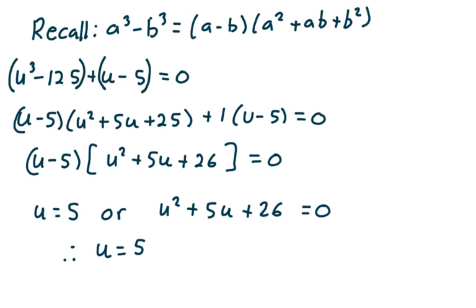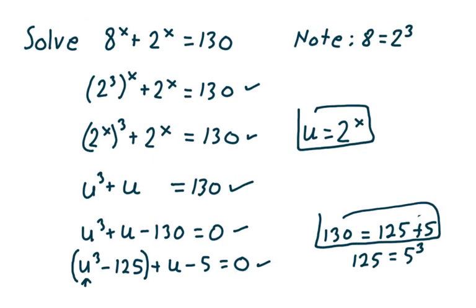Now recall, a cubed minus b cubed is equal to (a minus b) times (a squared plus ab plus b squared). So I'm going to group, so let's go back. So notice how we have u cubed minus 125 plus u minus 5 equals 0.